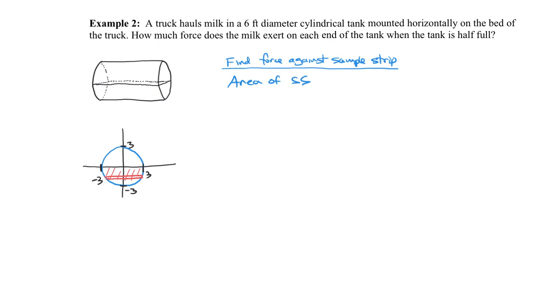So the area of the sample strip is going to be the same as last time, right? So if I know this x-coordinate right here, then this length is just 2 times x, and the height would be dy. So just like before, this is going to be 2x dy. And then, so that's the area.